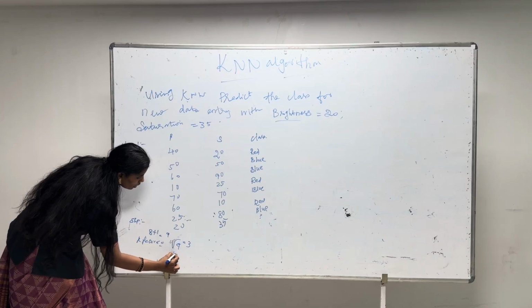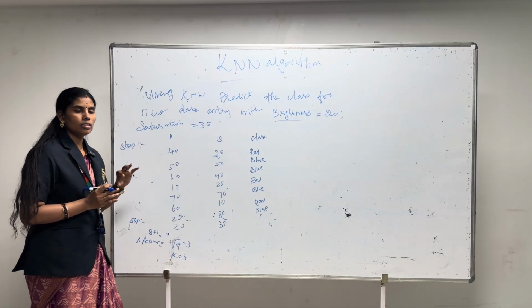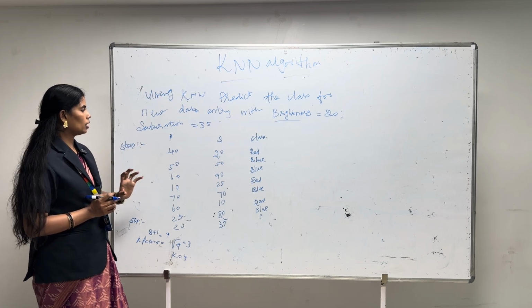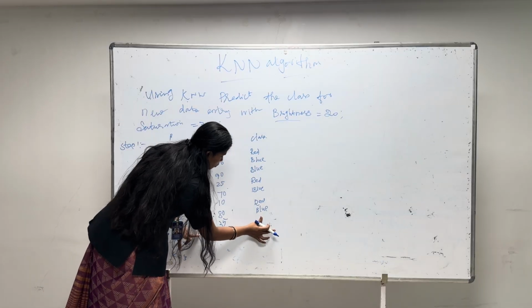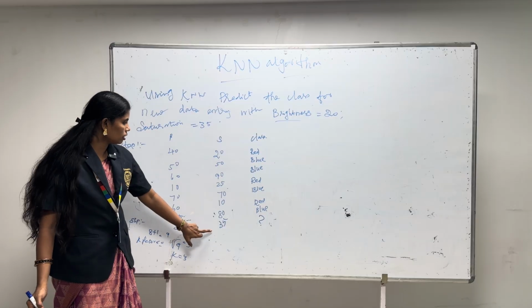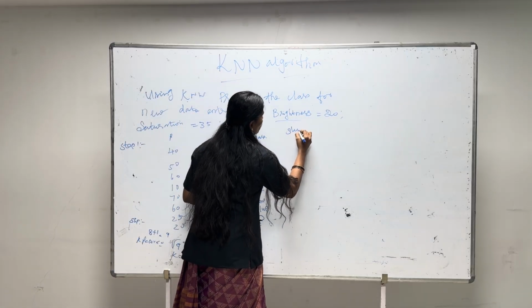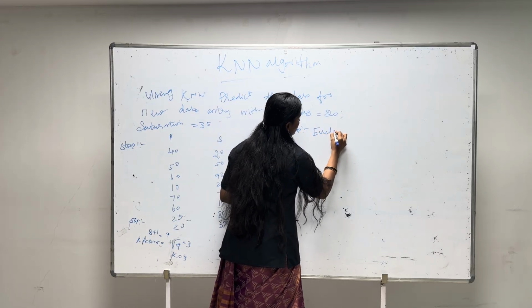So the k value is 3. So we are going to compare the category with the three neighbors. From that we will choose which category they are. So we are going to find the value for this 20 for the brightness and 35 for the saturation. So the second step is step 2. We are going to use the Euclidean distance formula.